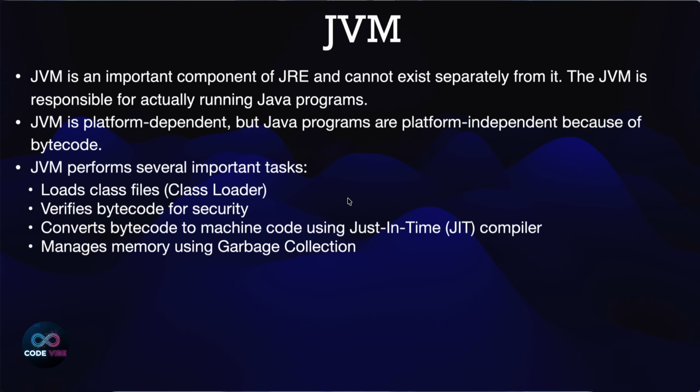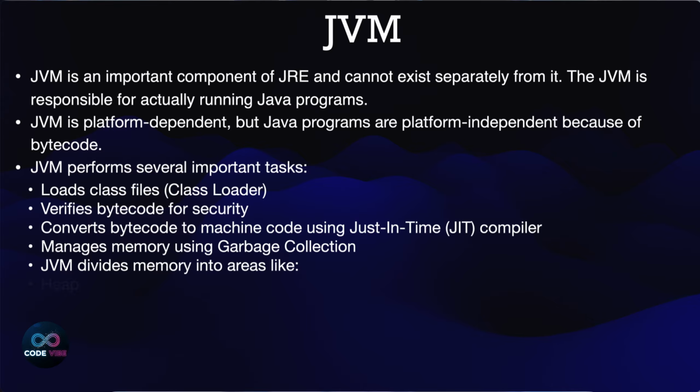Normally, Java code is compiled into bytecode and the JVM interprets this bytecode line by line, so the interpretation is slower. To make execution faster, JVM uses the JIT compiler. And moreover, it manages memory using garbage collection. JVM divides memory into areas like heap, stack, method area, PC register.